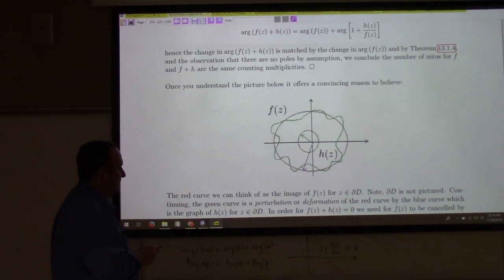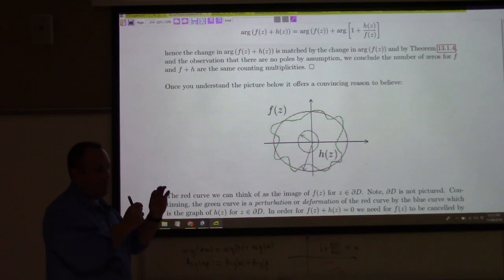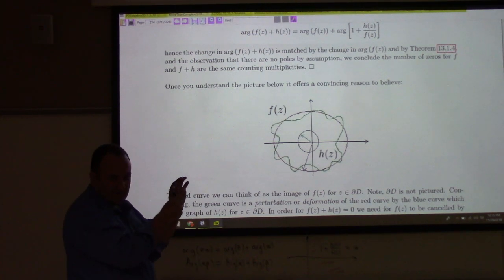And the green is what happens when you add them. I tried to make a picture where the green is obtained from, well, the thing that's lost in this is you don't know which points on the boundary are mapping to which points on these curves, right?